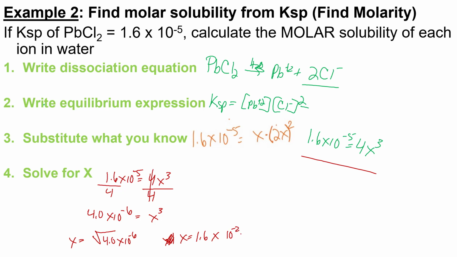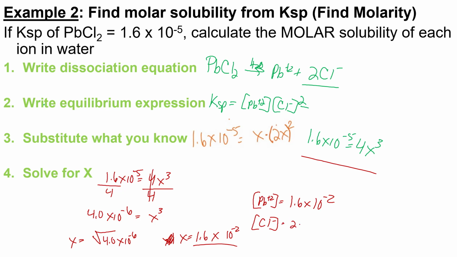Now, what does that mean? That is the actual concentration of the lead ion in solution. So I can say that the concentration of Pb plus 2 is equal to 1.6 times 10 to the minus 2. Mathematically, I know the concentration of my chloride ion has to be twice that of lead.